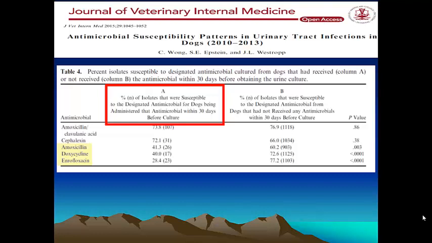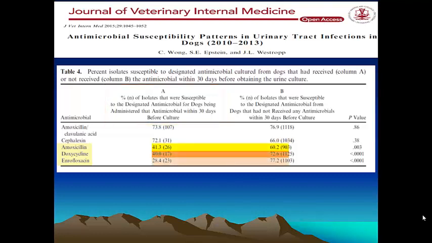They're comparing those to the dogs that had not received any antimicrobials within 30 days before culturing. So if you compare the two columns, the values are strikingly different. 40 to 60 for amoxicillin, 40 to 72 for doxycycline, 28 to 77 for enrofloxacin.